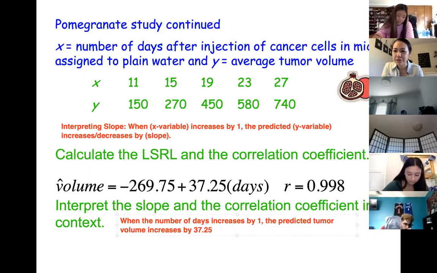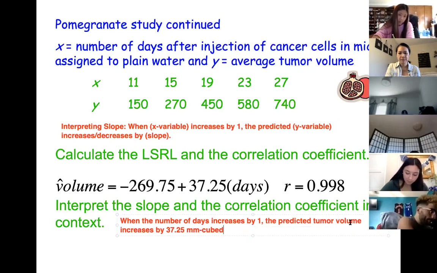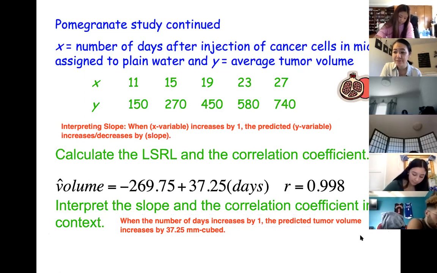And I think it's millimeters cubed. So that is how you interpret the slope. Let me take a pause. Any questions on that? Okay, so that's one of the big things from this lesson, how to interpret slope. Make sure you're feeling comfortable with that.